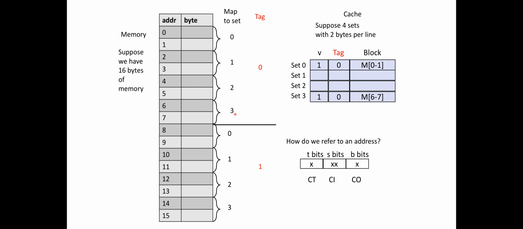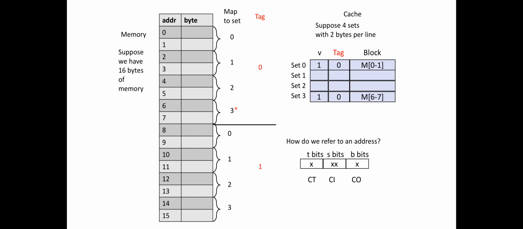And so we have 4 sets total, so the first 2 bytes map to set 0, the next 2 bytes map to set 1, the next 2 bytes map to set 2, the next map to set 3. And then we have to start over again.